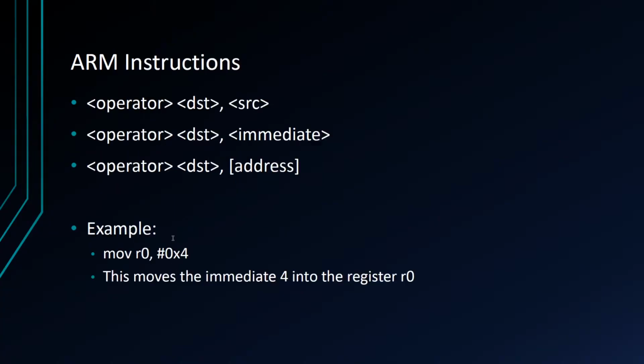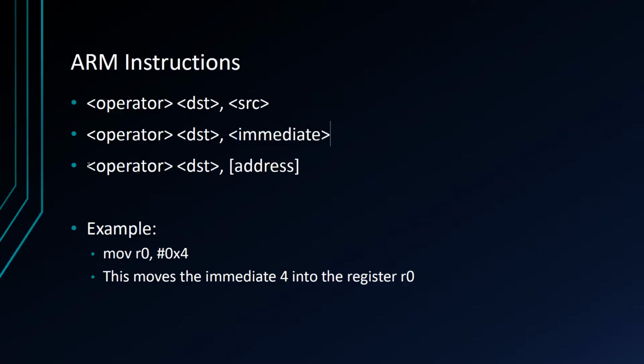We're going to go into some basic assembly instructions, right? So ARM instructions are written in the format: operator, destination, source. Or operator, destination, immediate, and immediate means like a number, like 4 in this example.